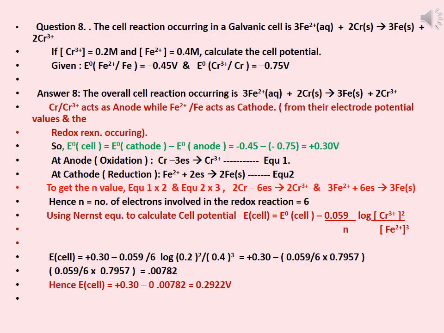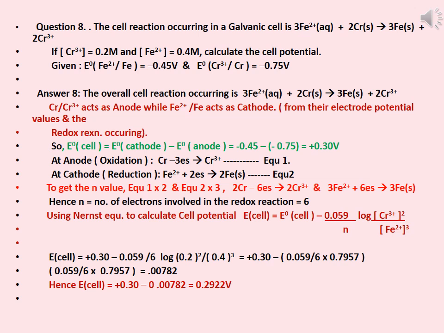Second step, we need to find the n value, the number of electrons involved in the redox reaction. If we look at the reaction taking place at the anode, it is chromium losing 3 electrons to give Cr3+. And at the cathode, the reduction occurring is Fe2+ accepts 2 electrons to form Fe solid. In equations 1 and 2, you see the number of electrons given out by chromium is not the same as the number of electrons accepted by Fe2+.